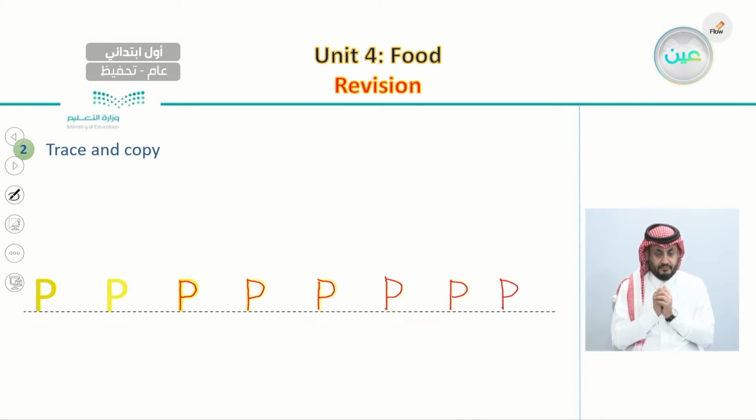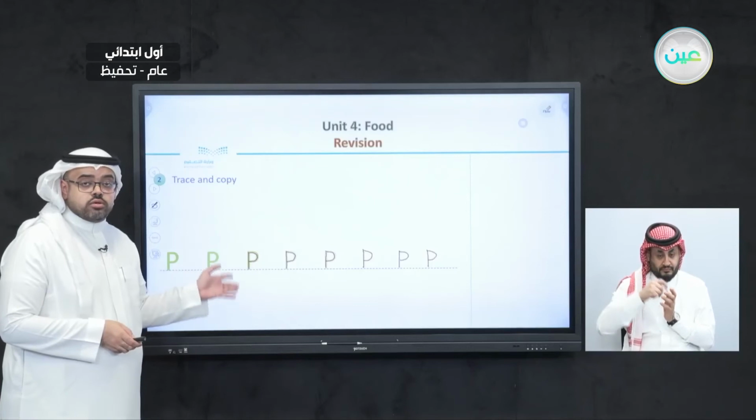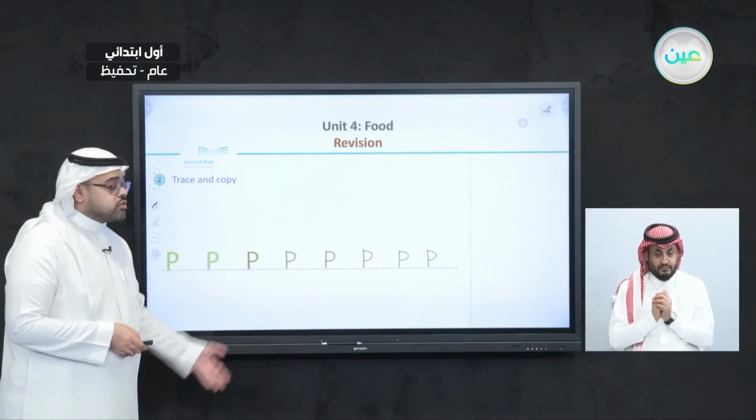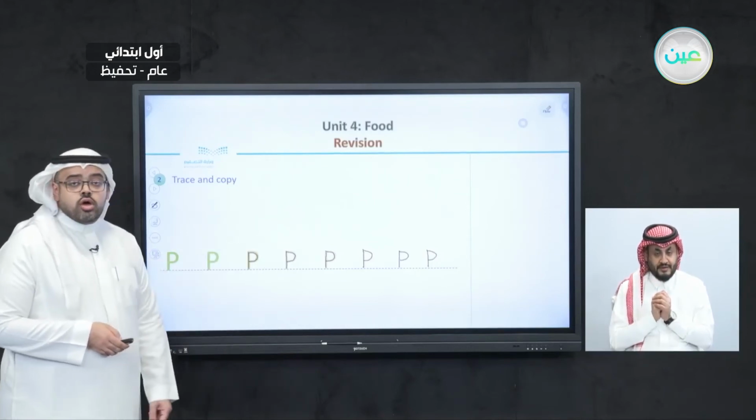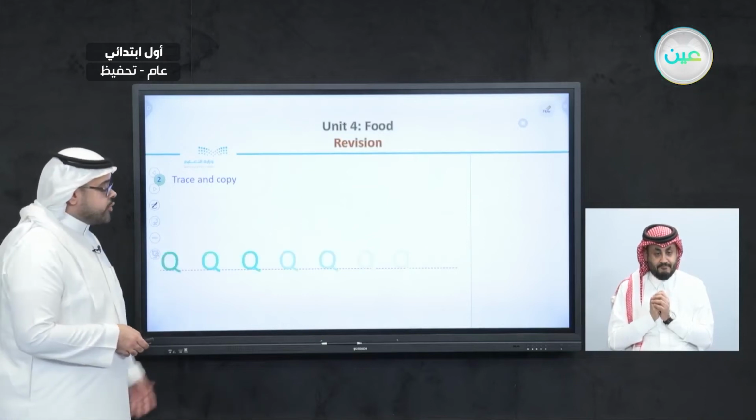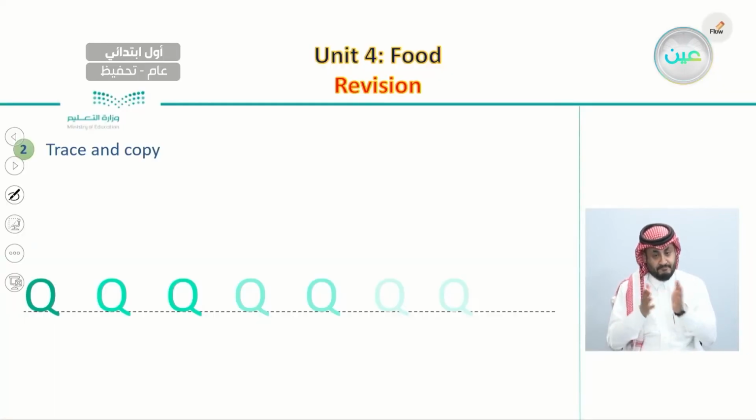This is what we did last time, where we traced the letter P, and after this we tried to write on our own. So let's remind ourselves again on the tracing of the letter Q. The letter Q is similar to the letter O, but it has one extra step.